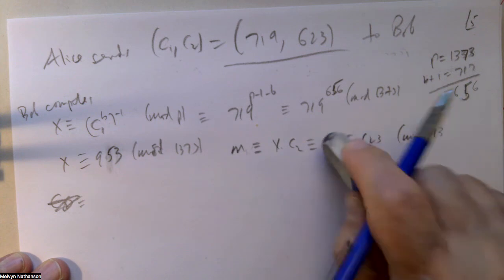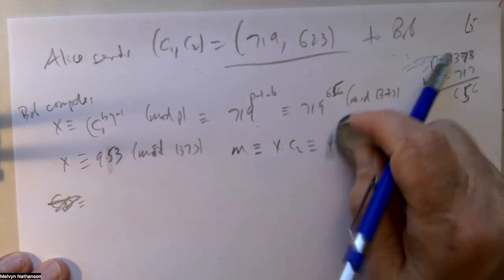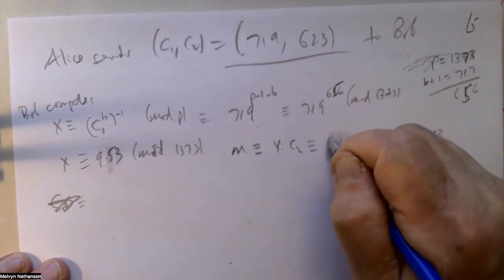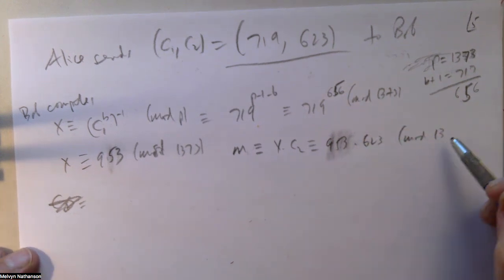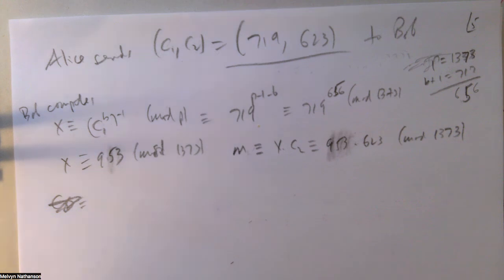And so my message, in the unlikely event I haven't made any other mistakes, is multiply 953 by C2, which is 623, and reduce modulo the prime 1373. I'm just doing this on Maple. 953 times 623 modulo 1373.